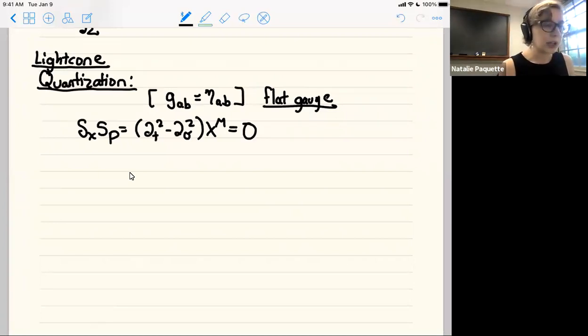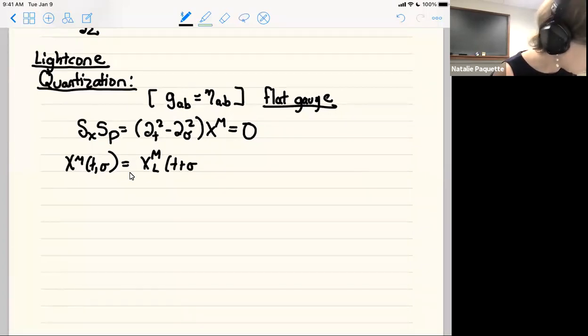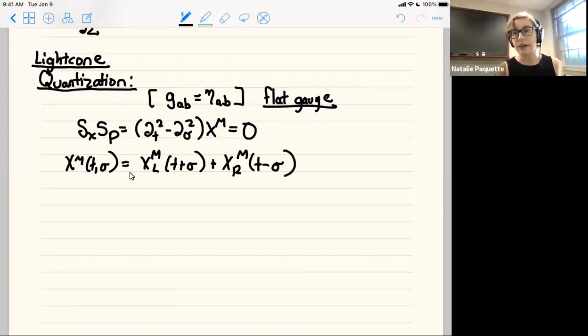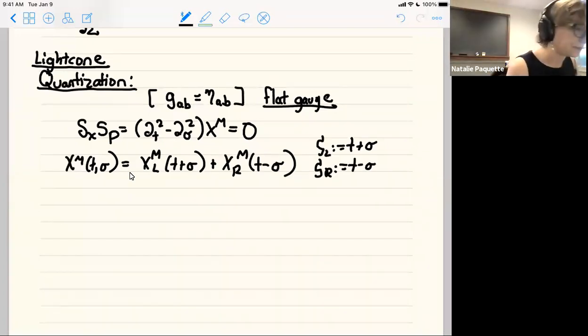We get a pretty simple equation of motion for my embedding scalars, dt squared minus d sigma squared, and this, even I can solve it, has a very familiar solution in terms of a superposition of left and right traveling waves. So I'll be breaking up my embedding scalars into left and right moving parts that are functions of the linear combinations of the coordinates that you see there. And for expedience, I will define zeta left and zeta right to be the corresponding left and right moving coordinates. Cool.